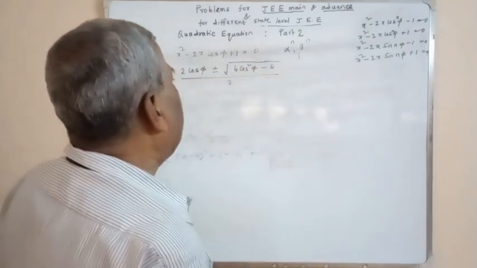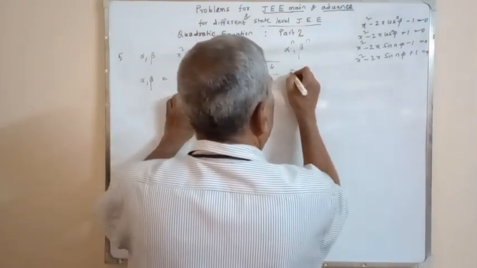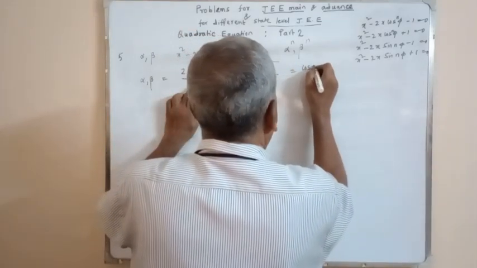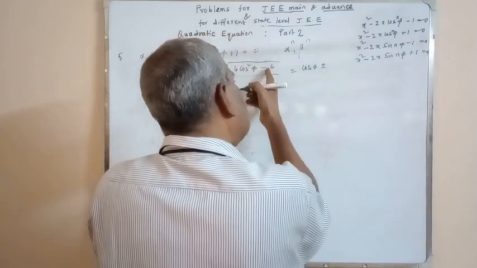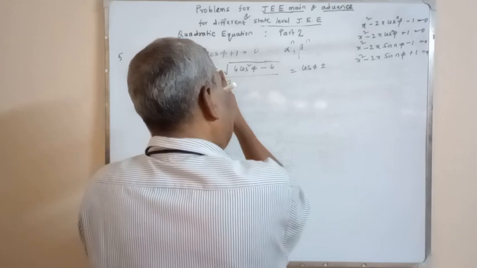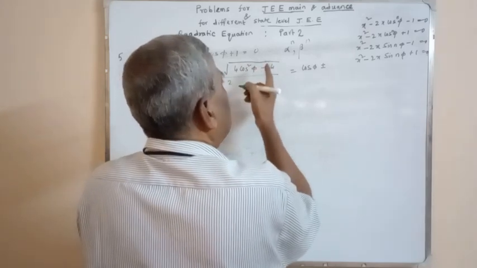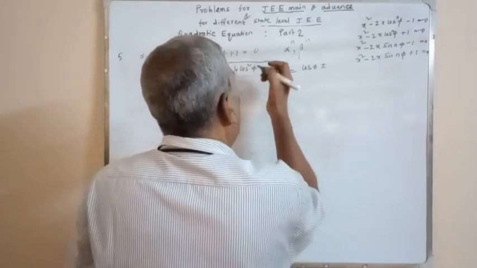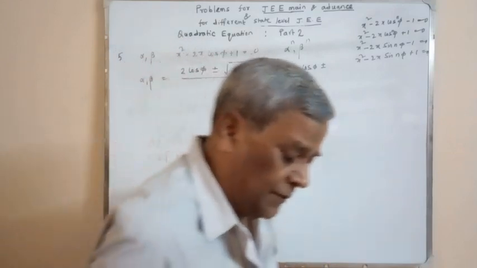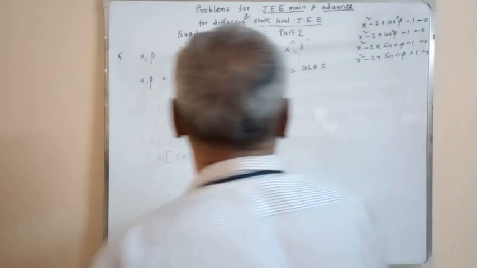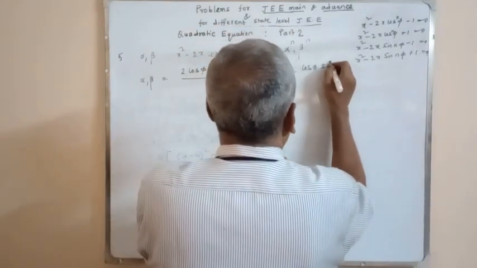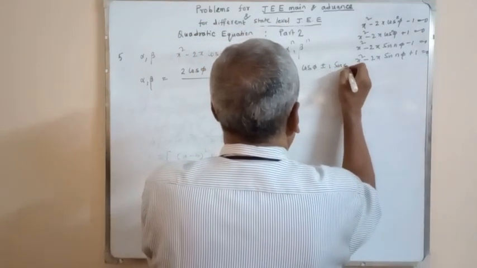So that 2 will cancel. It is equal to cos phi plus minus, taking minus 4 common, root over of minus (1 minus cos square phi), which equals i sin phi.